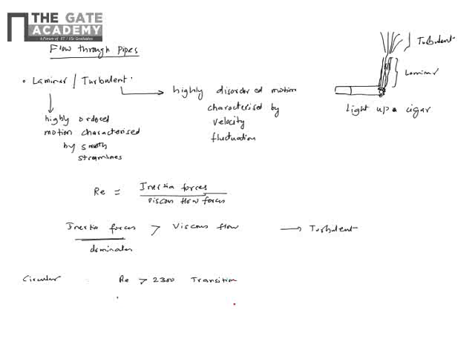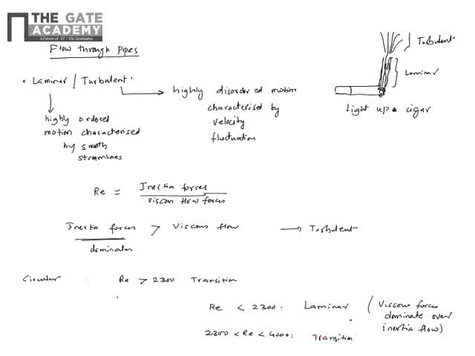So I'll just list out that if Reynolds number is less than 2300, it's laminar flow, viscous forces dominate compared to inertia forces, so there are no major velocity fluctuations. And if Reynolds number is between 2300 and 4000, we consider it to be in transition, though even after 2300 we often take it to be turbulent only.